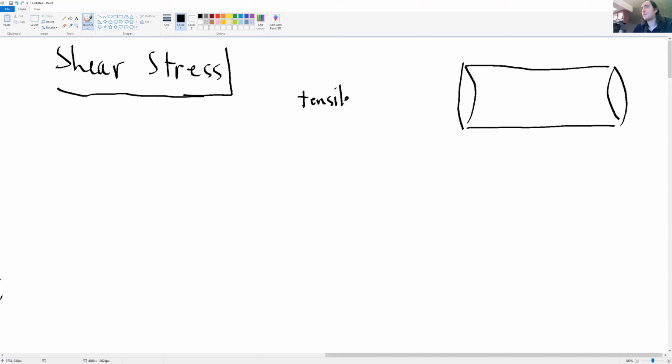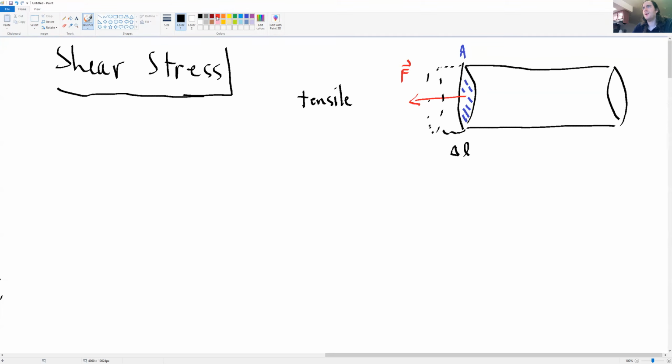So here we have tensile stress, which is when we apply a force like this to some cross section. And this thing elongates a little bit by an amount delta L due to that tensile stress, where the force is perpendicular to that area.